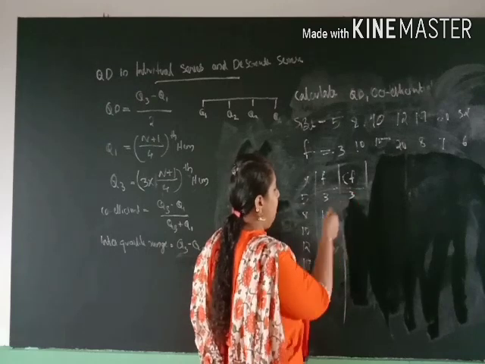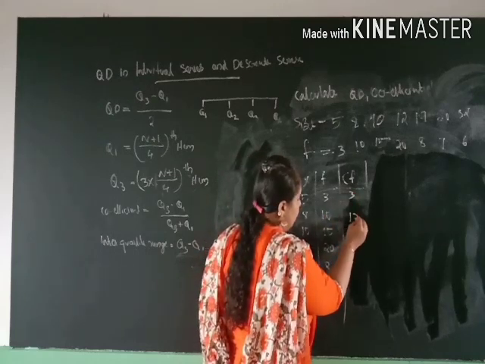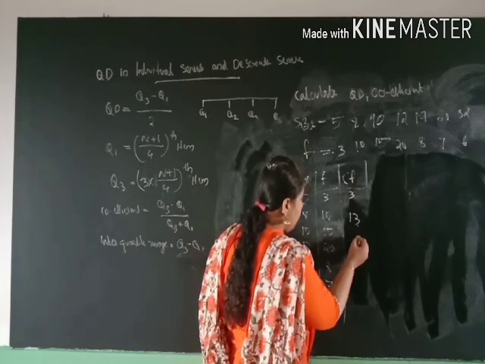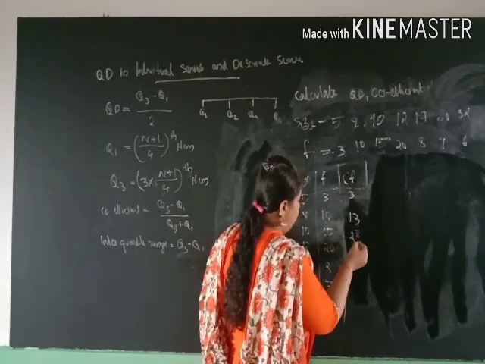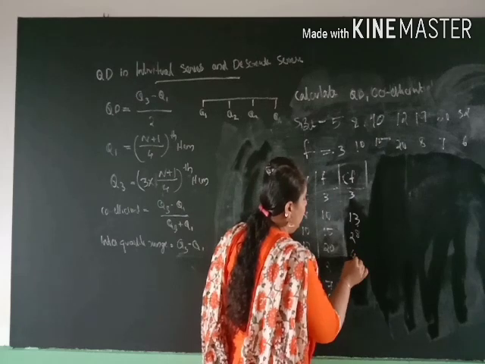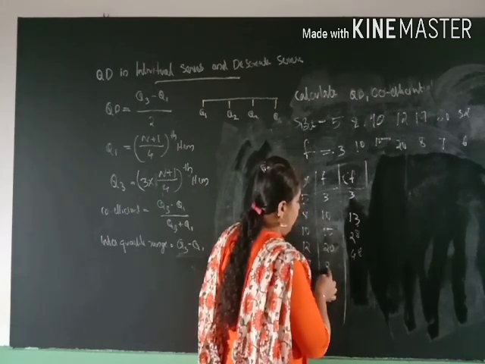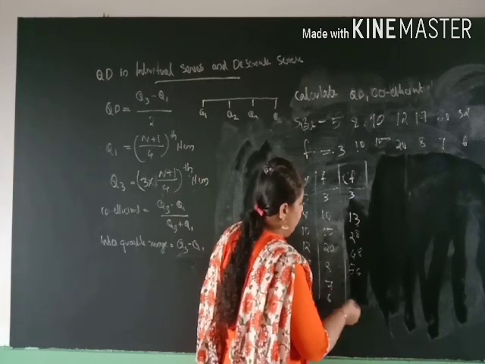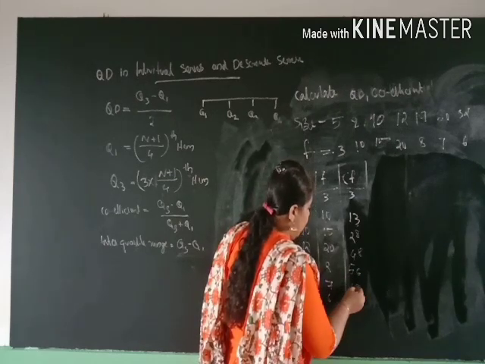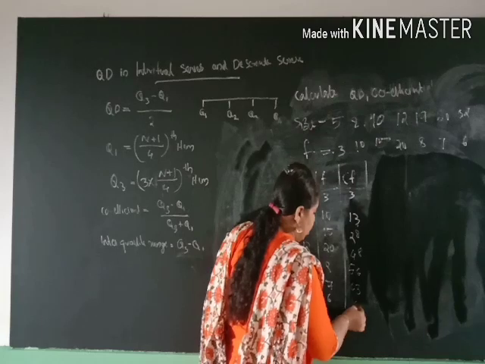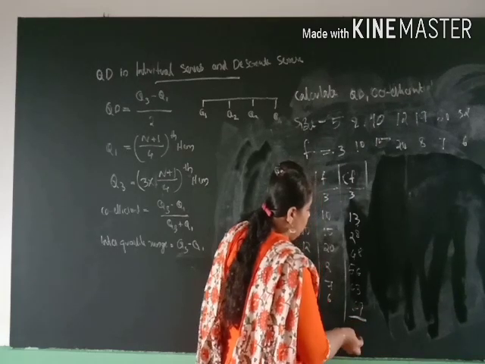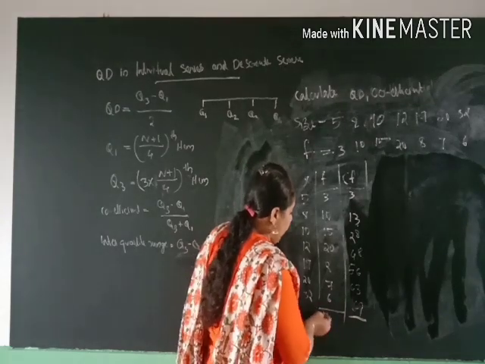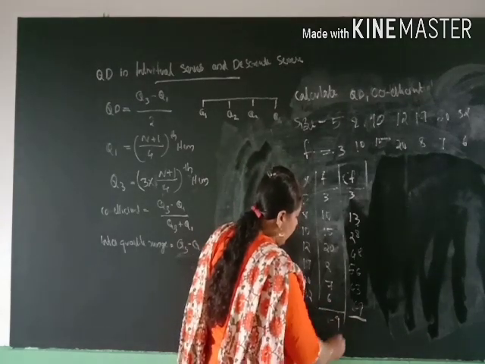Next 3 plus 10, that is 13. 13 plus 15, that is 28. 28 plus 20, 48. 48 plus 8, 56. 56 plus 7, 63. 63 plus 6, 69. So 69 is the last cumulative frequency. So n equals 69.